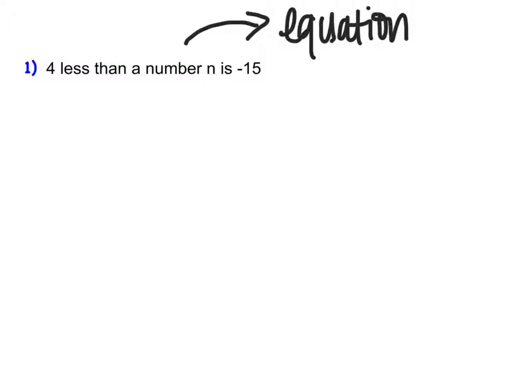Okay, so I've got 4. I've got a number, n, so that's going to be my variable, and I've got negative 15. Okay, so those are the 4 key pieces of information that we're given in terms of the numbers. Then we want to take a look at the words that represent operations.